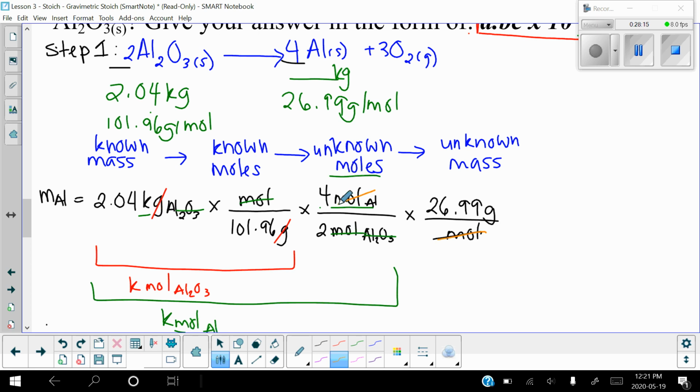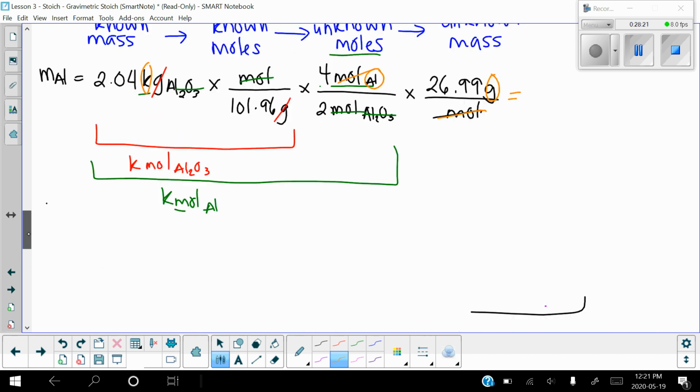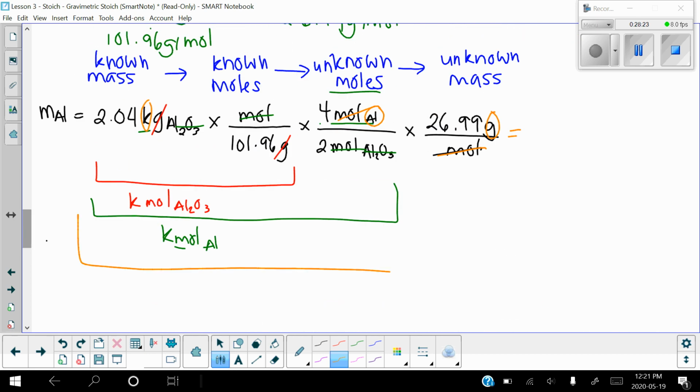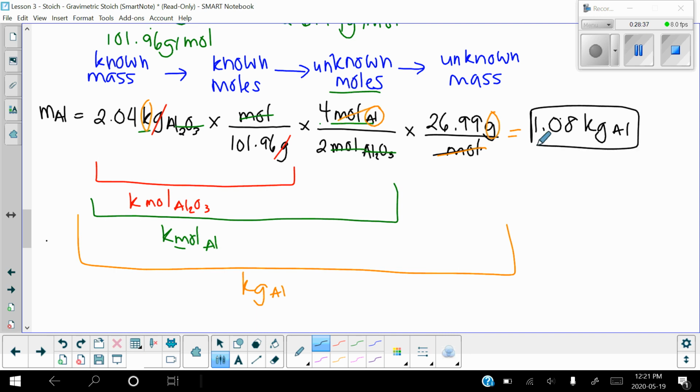And now I am left with kilograms of aluminum. So from here to here, I have kilograms of aluminum. Plug that all in, I get 1.08 kilograms of aluminum. So that is the beauty of unit analysis.